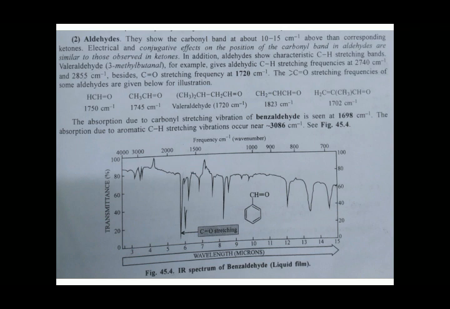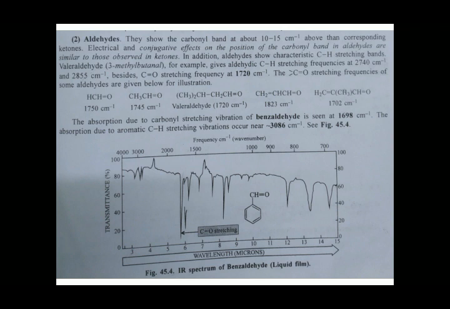For example, valeraldehyde gives aldehydic C-H stretching frequencies at 2740 cm inverse and 2855 cm inverse, besides the C=O stretching frequency at 1720 cm inverse. This shows that aldehydes show C-H stretching bands and also C=O stretching frequencies.